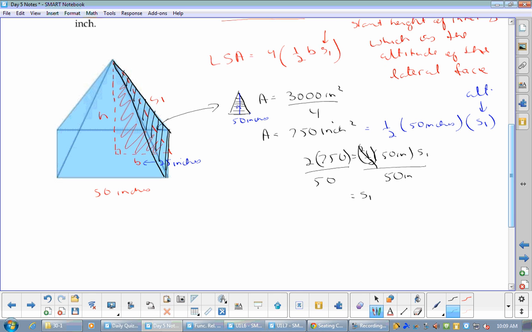So 2 times 750 divided by 50 should give us hopefully 30, right? Because that's 1,500 divided by 50 is 30. So now we know that this is 30 inches.